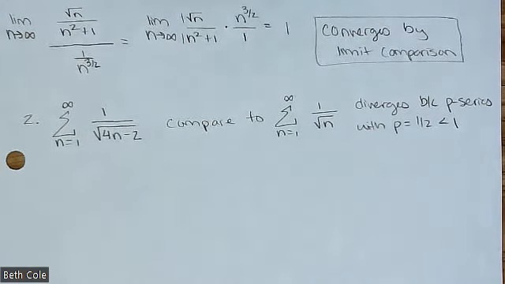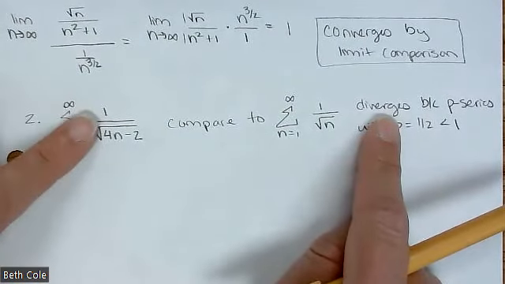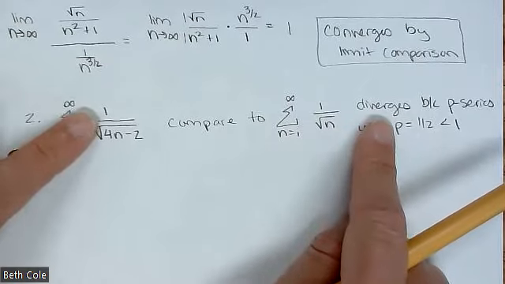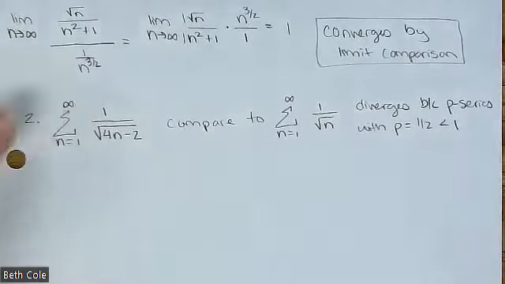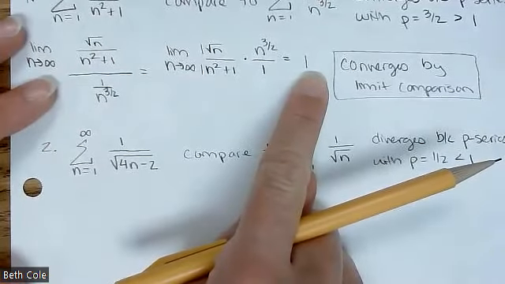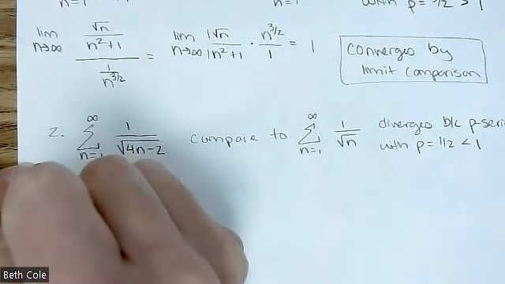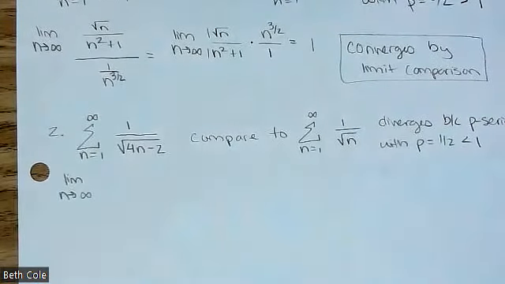So the next goal is to say that because this one diverges, the original one diverges too. The one you're comparing it to does the same thing. But the second step is you have to show that this limit comes out to a finite positive number. Again, the first step is going to look kind of awful because it's a fraction over another fraction, but just trust the process.